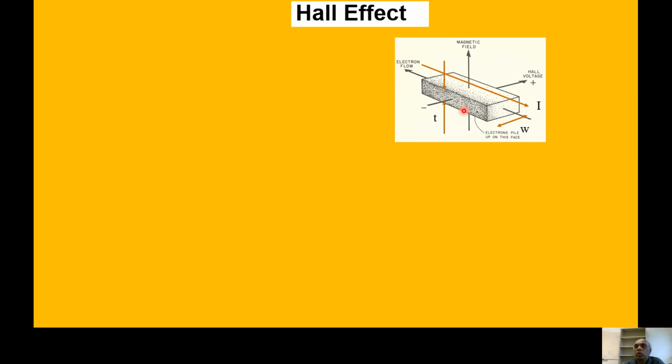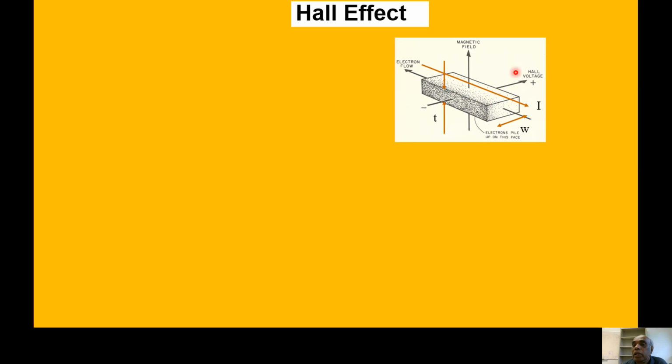But we cannot have this charge accumulation happening indefinitely. To stop that, an opposing field will appear. We call it the Hall field. That Hall field will stop further accumulation of charges.